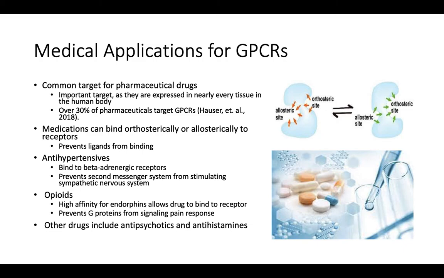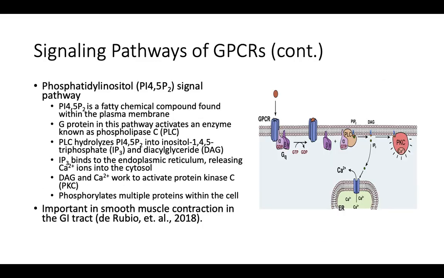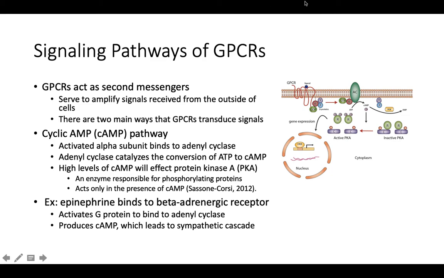And it's going to prevent this cyclic AMP messenger system from stimulating the sympathetic nervous system, kind of like what we talked about back here. So what would happen is this would be the beta blocker here, and it would bind straight here, so the epinephrine couldn't bind there. And that's going to prevent cAMP from being produced, which will prevent the cascade of sympathetic events from happening.